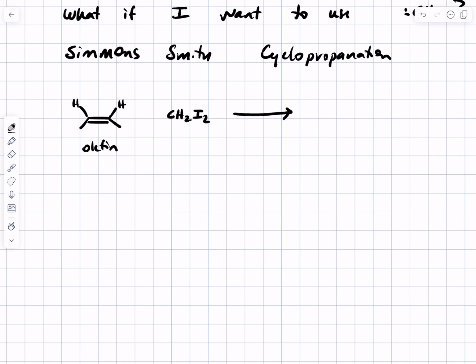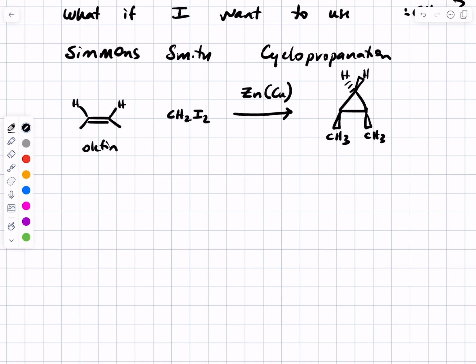The reagent that you use is an amalgam of zinc and copper. And the product is, again, stereospecific. The two methyl groups that are cis to each other in the starting material end up cis to each other in the product. And what gets added to both carbons of the olefin is this CH2 group.